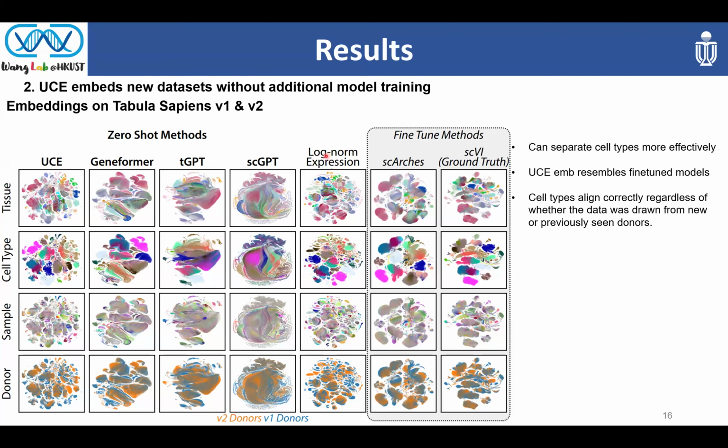They just use normalize and log. Yes, I think they don't use any batch effect removal. Yeah, because this is not the 36 million cells. It's just version 1 and version 2. Maybe there will be batch effects, but they use the raw data.